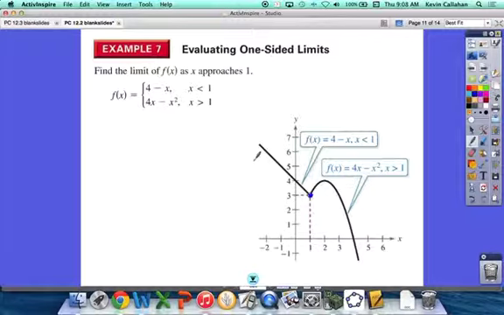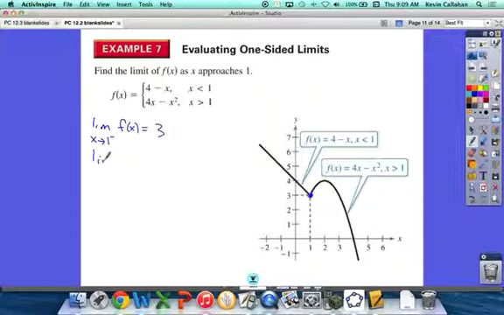And so the limit is 3, which you can get by just plugging in 1 here and here. See what you get. If I plug in a 1 there, 4 minus 1, 3. Plug in a 1 there, 4 minus 1, 3. So that's going to be the limit. The limit as x approaches 1 from the left equals 3.